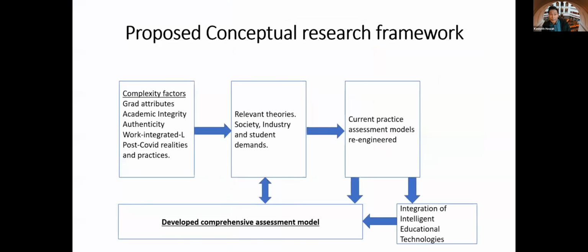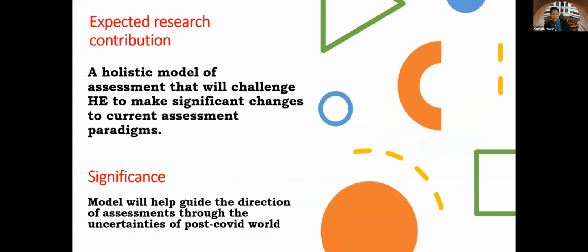And my proposed conceptual research framework here gives you an idea of what I'm trying to aim at, a developed comprehensive assessment model, which I expect will make a significant contribution to this conversation. So both of these premises are best effort at this early stage, and I'm expecting they'll inevitably evolve as the main literature review matures, because that's really only just started.